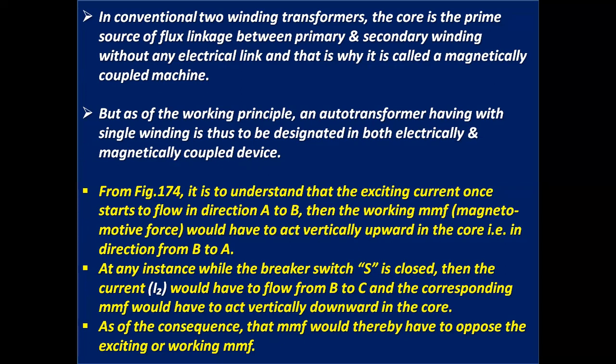From figure 174, it is to be understood that once the exciting current starts to flow in direction A to B, then the working magnetomotive force acts vertically upward in the core, that is, in direction B to A. At any instance, while the breaker switch S is closed, the current I2 flows from B to C, and the corresponding magnetomotive force acts vertically downward in the core.